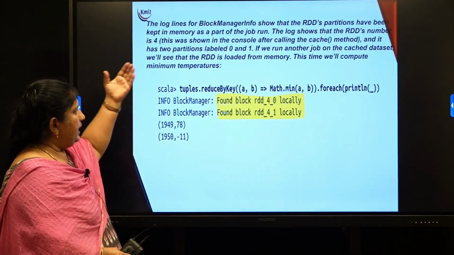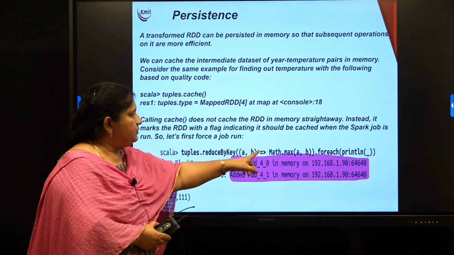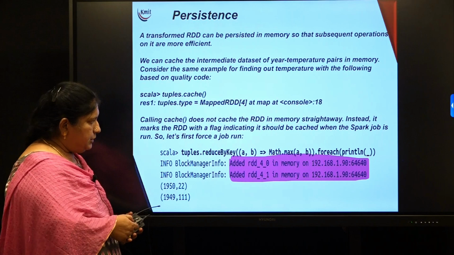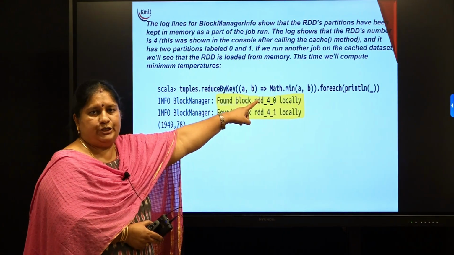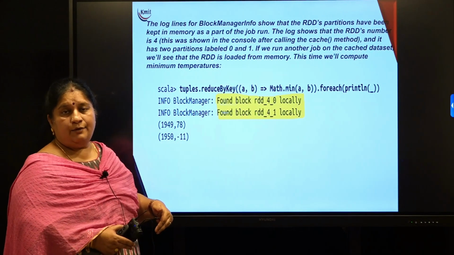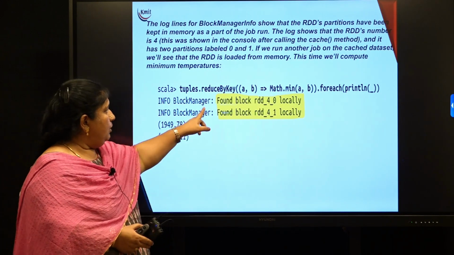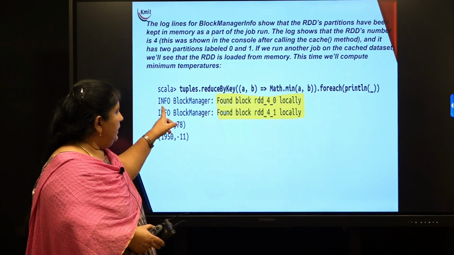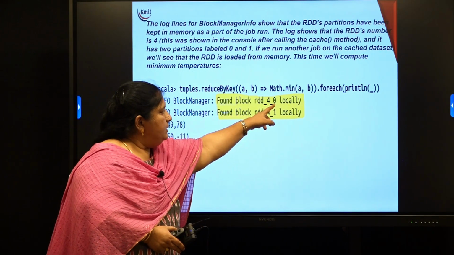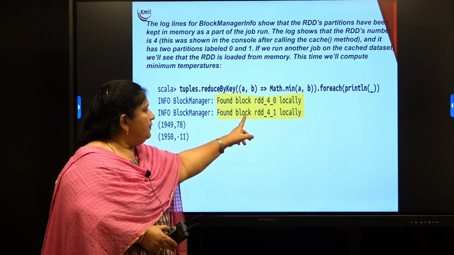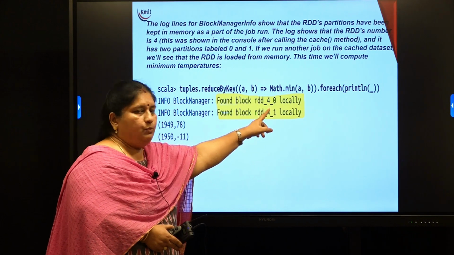For future applications, see, in the previous example I was working with the max function. In the future, I want to use the same data set to work with the min function. Do I again load the data from HDFS or external sources into main memory? No. If you see, the info block manager found the block under 4 underscore 0 locally, and the second split is found under RDD underscore 4 underscore 1 locally.